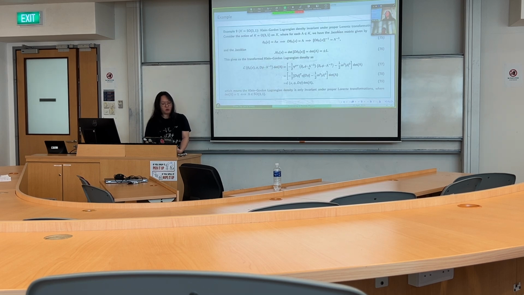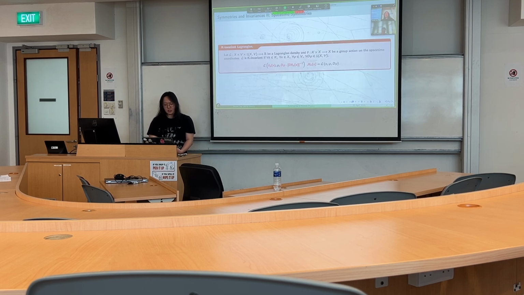Again, we will go through the simplest example, but it's quite tough. Let's take the Klein-Gordon Lagrangian density again, and I compute the Lie group action on the space-time coordinate, which gives us this thing here, because I just want to find how the Lie group action on the space-time coordinate transforms the field derivative.